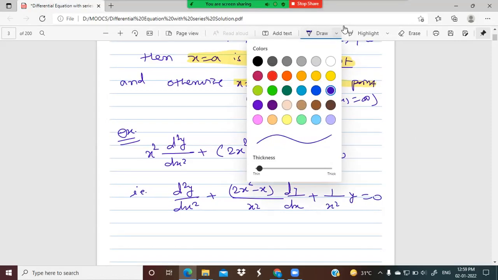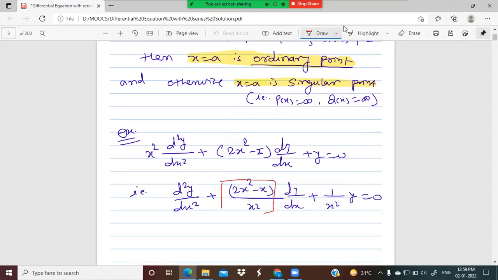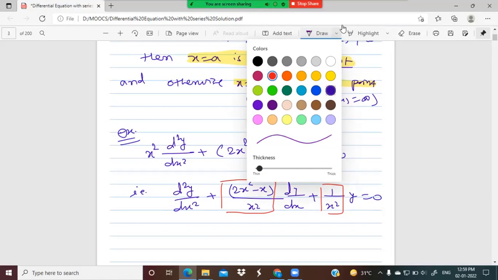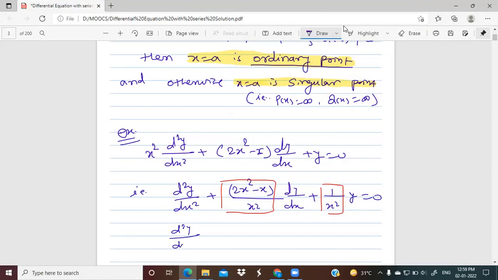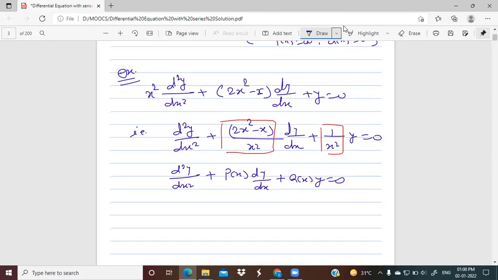See, this is my p of x part. I will write this equation as d2y by dx2 plus p of x into dy by dx plus q of x into y. Now here, tell me for which value this p of x becomes infinite.